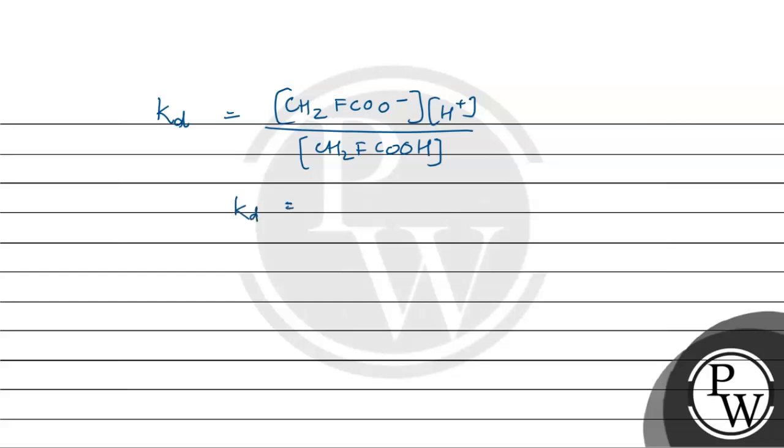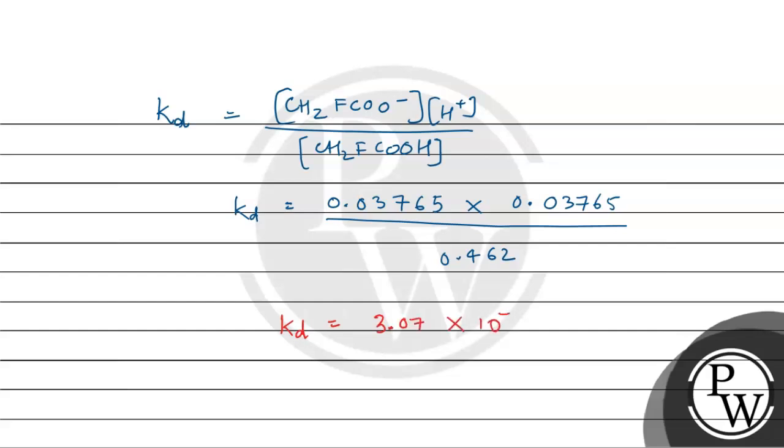So Kd, putting in the values, is 0.03765 into 0.03765 upon 0.462. After calculation, the dissociation constant comes out to be 3.07 into 10 to the power minus 3. So the final answer to this question is 3.07 into 10 to the power minus 3.